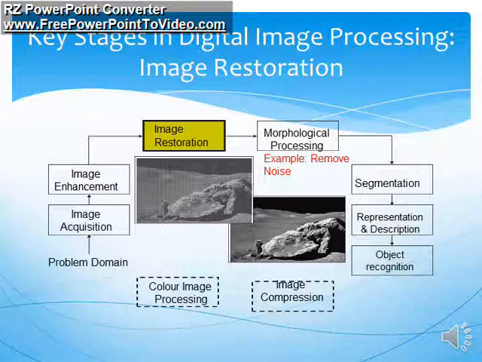Lots of filtering techniques are there which are generally used as image restoration process. Here we can see some portions were missing in the image, which can easily be retrieved from the original image to the output image. So we can say that image restoration is a very important key stage in digital image processing technique.